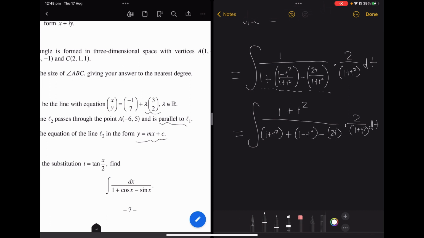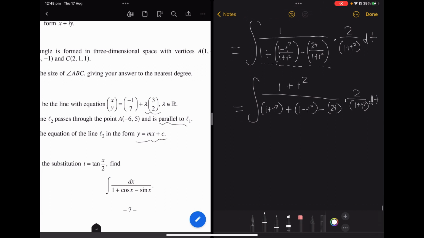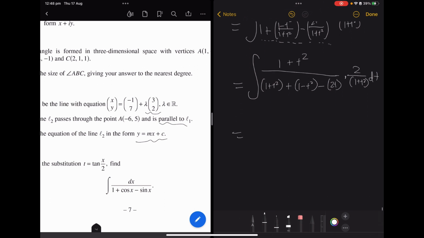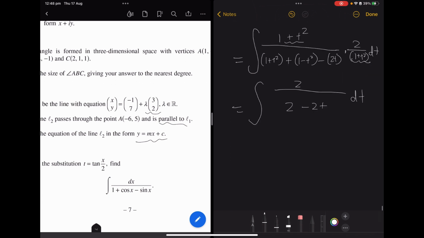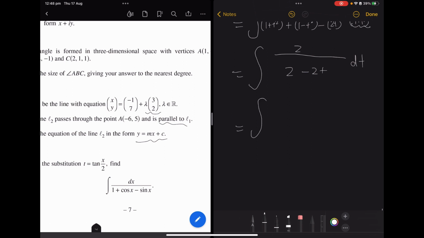So I just timesed everything on the left fraction by 1 + t². Now you can see that hopefully the 1 + t² terms cancel out. And we have 2 over, so now we should simplify the bottom. 1 + t² + 1 - t² - 2t. So that's 2 - 2t, all times dt. And thankfully, that's pretty easy to simplify. That's 1 over (1 + 1 - t) dt, which is 1 over (1 - t) dt.